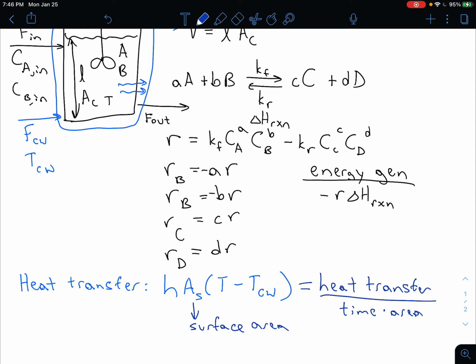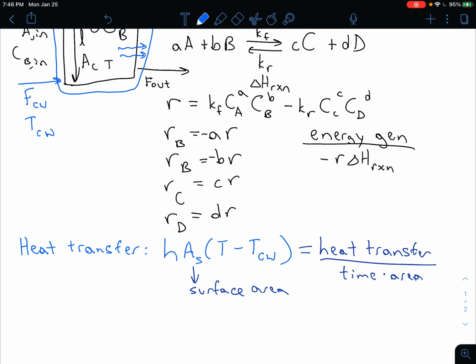We're not going to dwell too much on the units for now, but let's just talk about the basics. One other thing that is relevant here is the actual internal energy of this solvent or of the fluid.